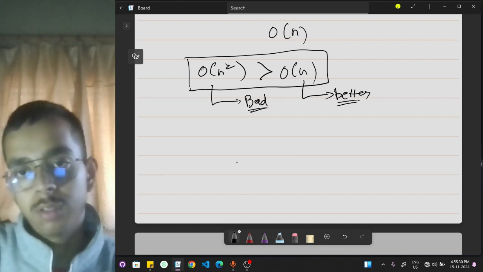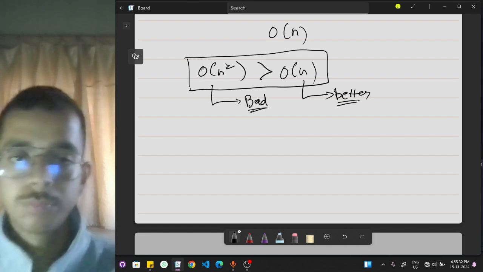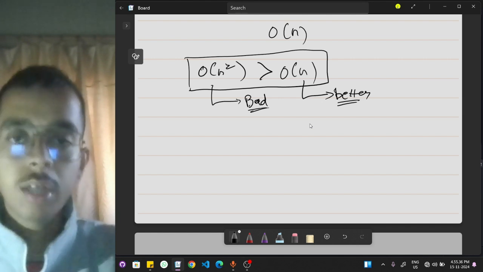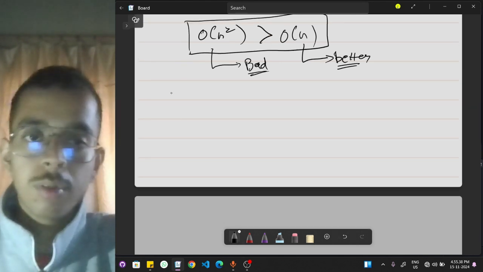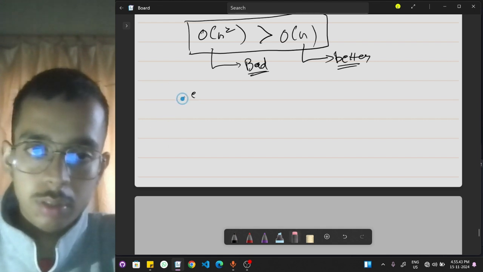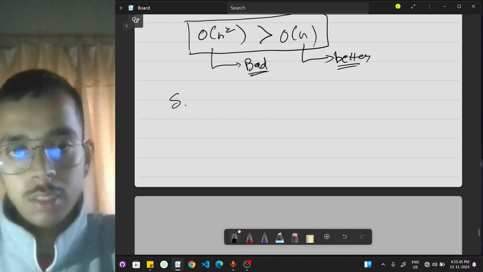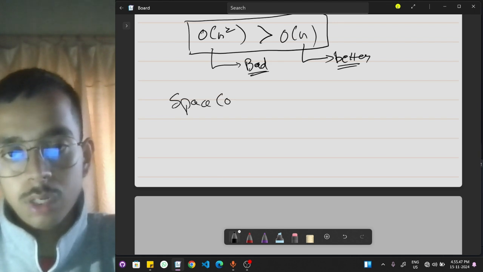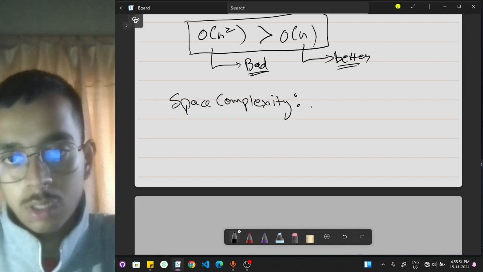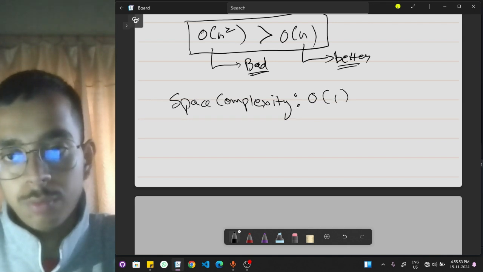So you see that we have actually improved the time complexity. What about the space complexity? The space complexity is O of 1 only.